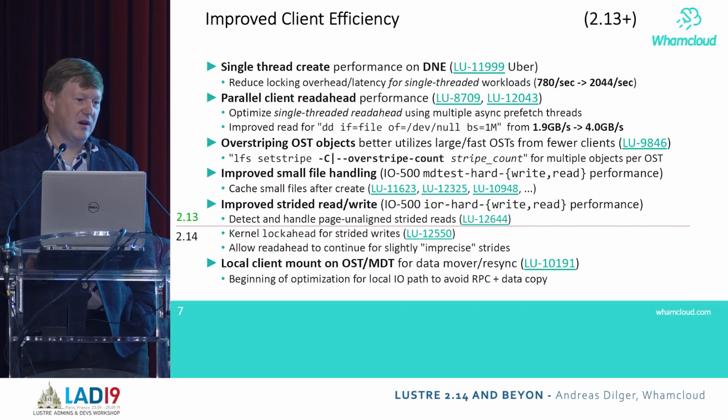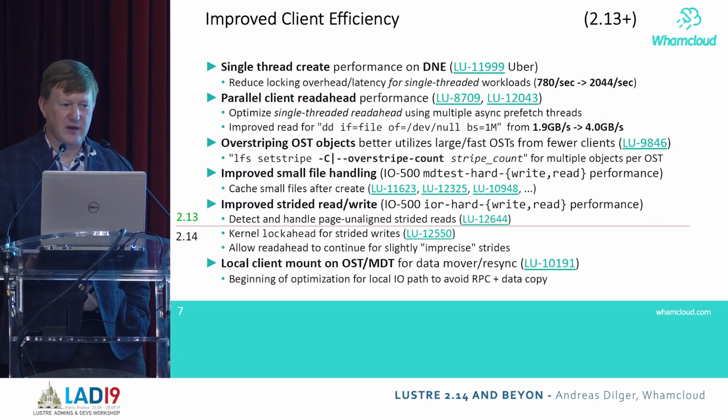But as the OSTs are getting huge and have very high bandwidth, overstriping actually is beneficial for clients to be able to leverage more performance from a given OST. Small file improvements, strided read and write, has gotten into 2.13, but there's still more work in those areas.